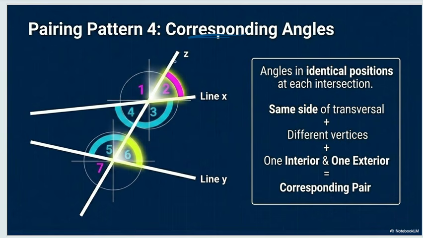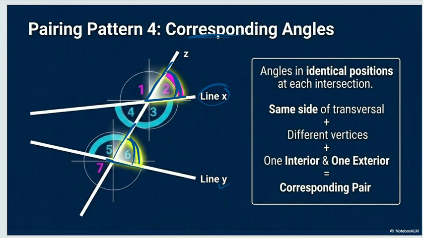So let us see what the corresponding angles are here. If we take angle 2, and if we take angle 6, they are on the same side. They are on the upper side of line X, and if we take line Y, they are also on the upper side. That's why they are in the identical position and called corresponding angles.